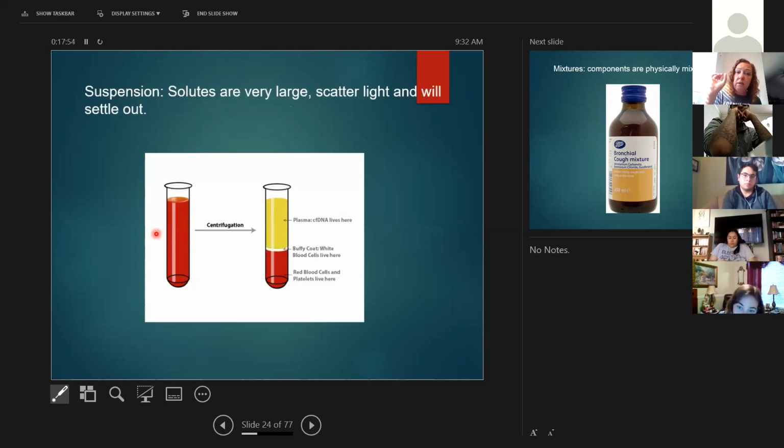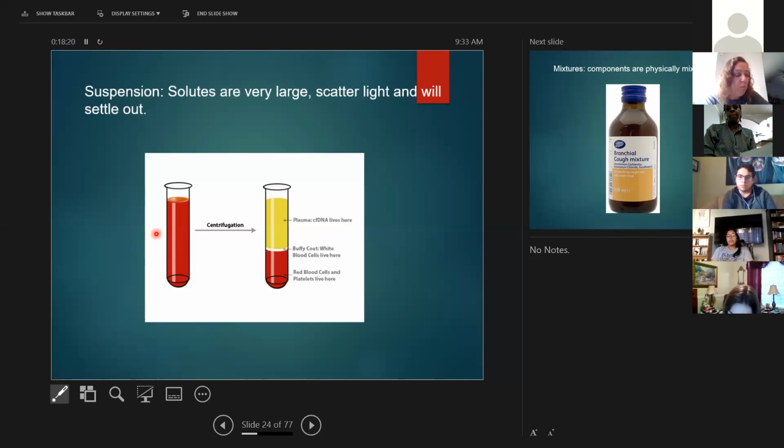So the particles are going to be very, very large. They will settle out. Another example would be the sugar in the tea, the salt in the water. That would be a suspension because as I leave it, the particles will settle out, and that's by definition a suspension. I would have to physically mix it back up.